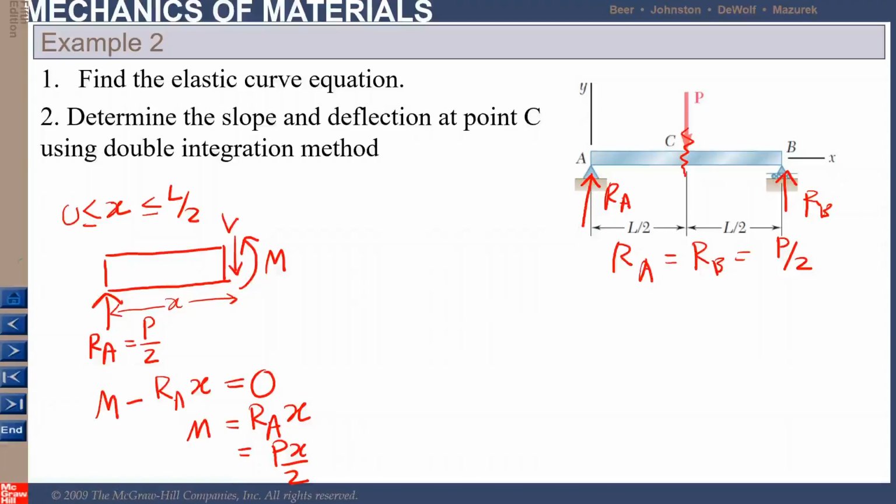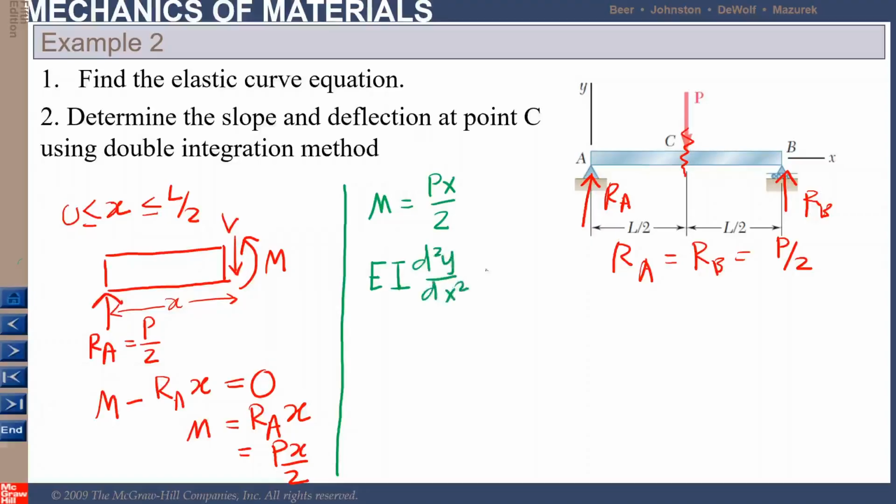Once you have the value of the moment, M is equal to Px/2, we can proceed with finding the elastic curve equation using the double integration method. First, we write the equation as EI d²y/dx² is equal to Px/2.